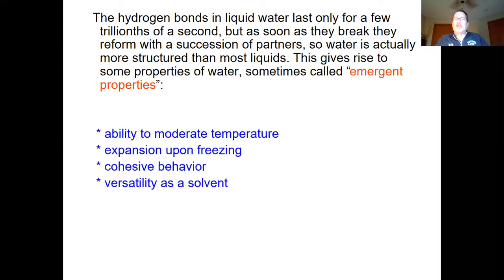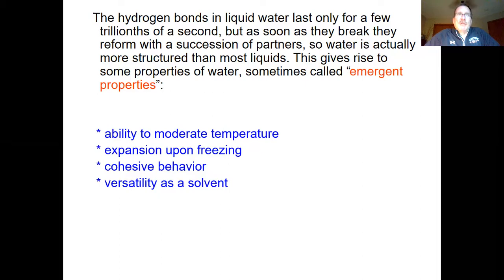What are our emergent properties? The ability to moderate temperature. You would have learned in chemistry that no substance absorbs more energy than water. That's why it's used as the basis of coolants for most machines, and started that way also.